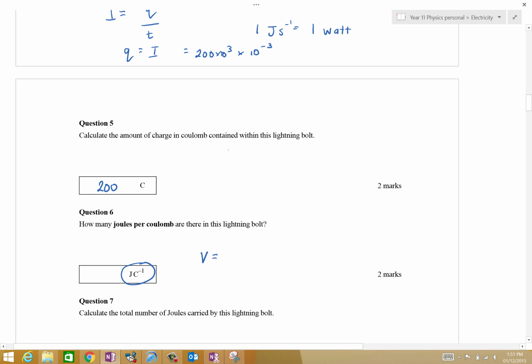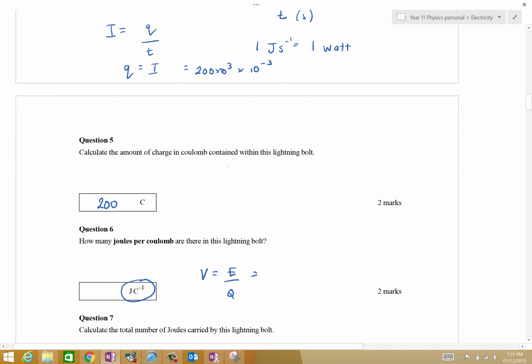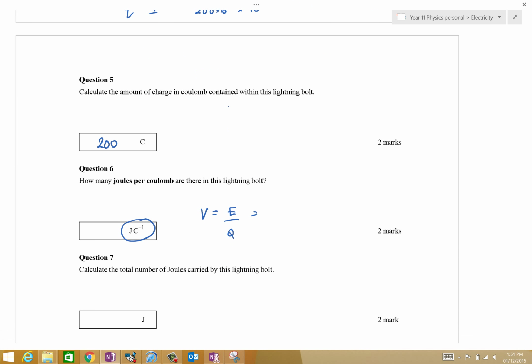So V equals E on Q. And how many joules per coulomb? Wouldn't that just be the voltage? Yeah. So the voltage is 1.2 megavolts, so that is 1.2 by 10 to the 6 joules per coulomb.